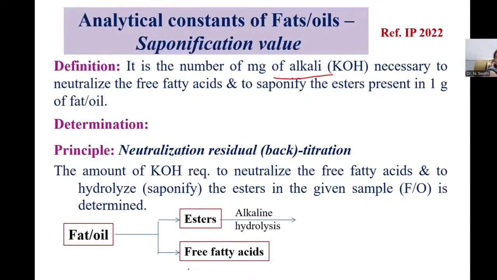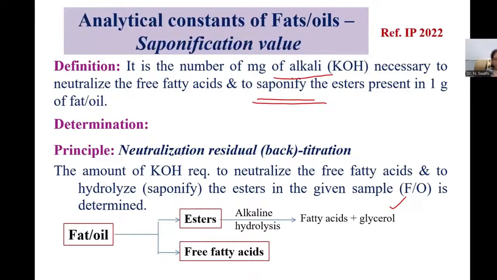This alkaline hydrolysis is nothing but saponification, which is mentioned in its definition. Upon saponification, esters undergo cleavage, giving the corresponding fatty acid as well as glycerol. This reaction was clearly explained under hydrolysis or saponification in the earlier course video.